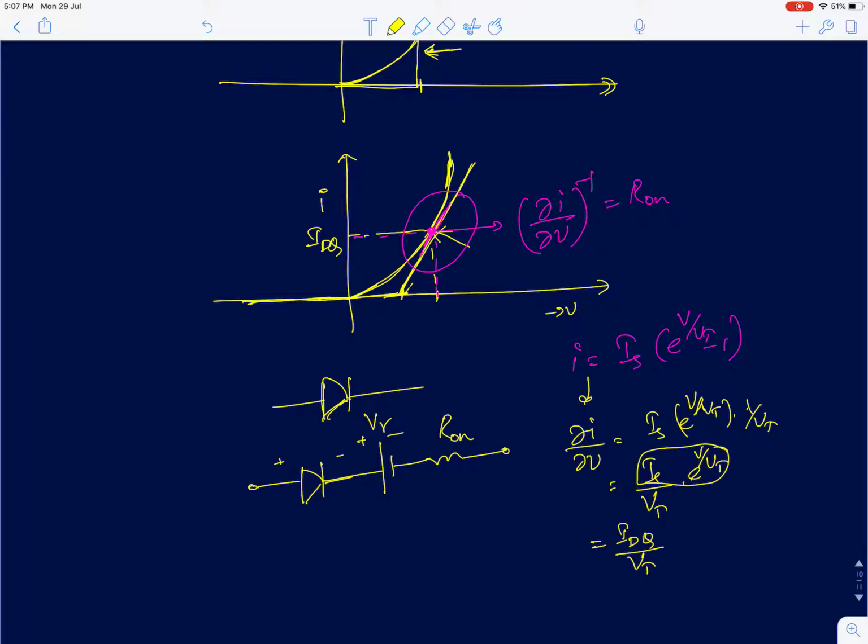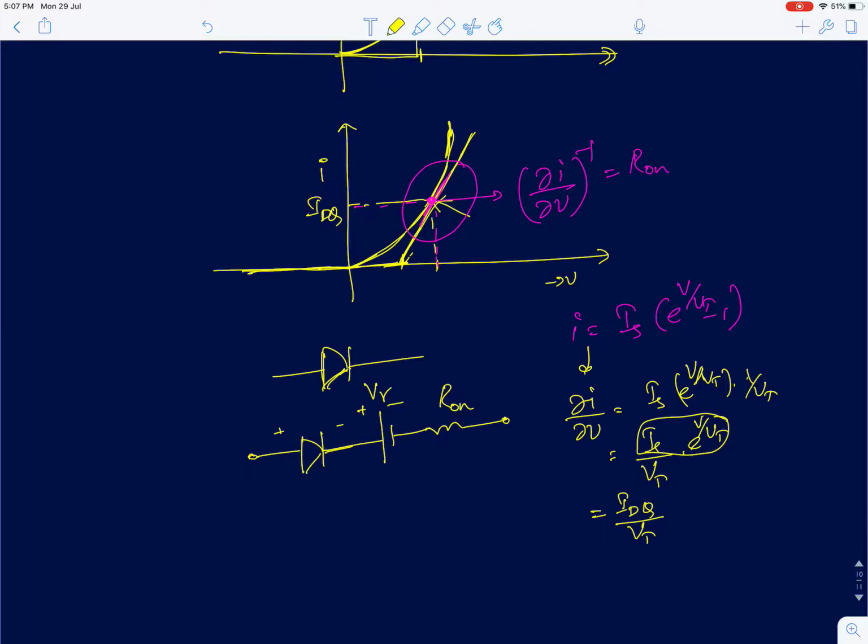This is the quiescent current at which we are estimating the resistance. So your R on will actually be Vt upon I diode quiescent. The on resistance actually depends upon the current, but as I said, this model will be accurate when you operate your device in this region. The error is within certain acceptable limits.